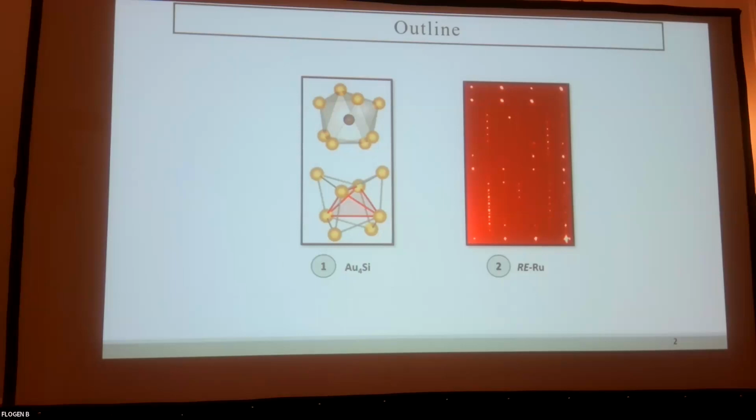What both topics have in common is that the phases were known or anticipated for quite a long time. In the case of the gold silicon phase, actually since the 1930s. And I have been attempting to solve those fairly long-standing problems.